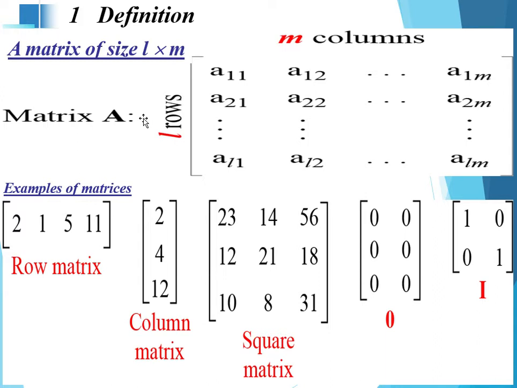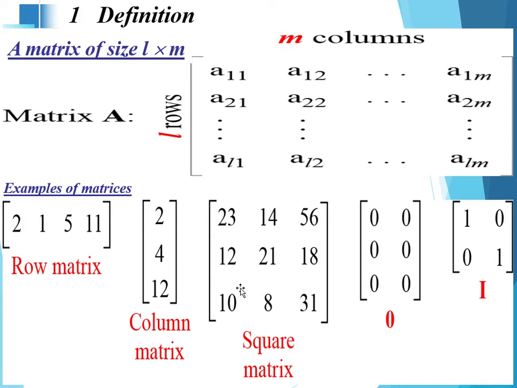If a matrix has only one row, L equal to 1, it is called a row matrix. Here is an example of a row matrix. If it has only one column, M equal to 1, it is called a column matrix.